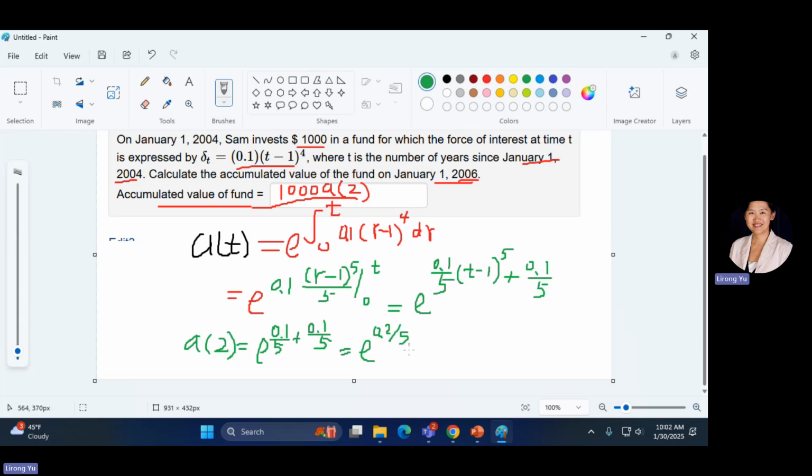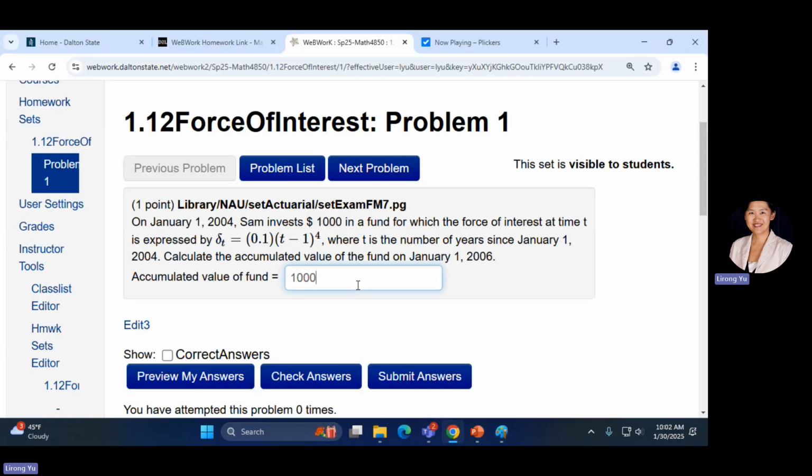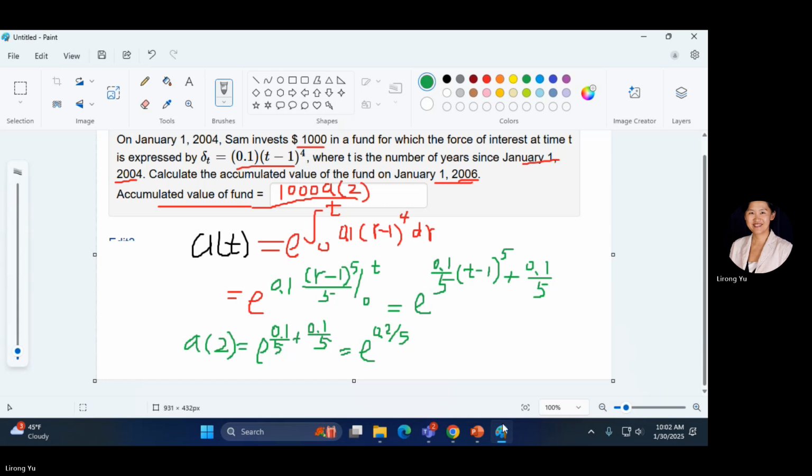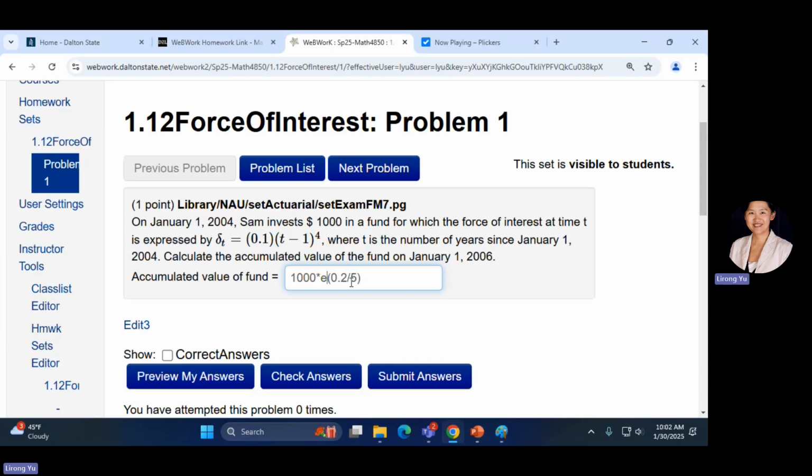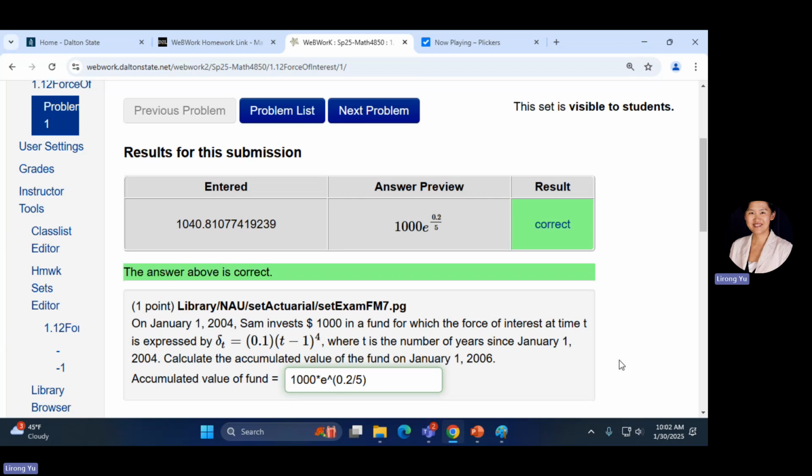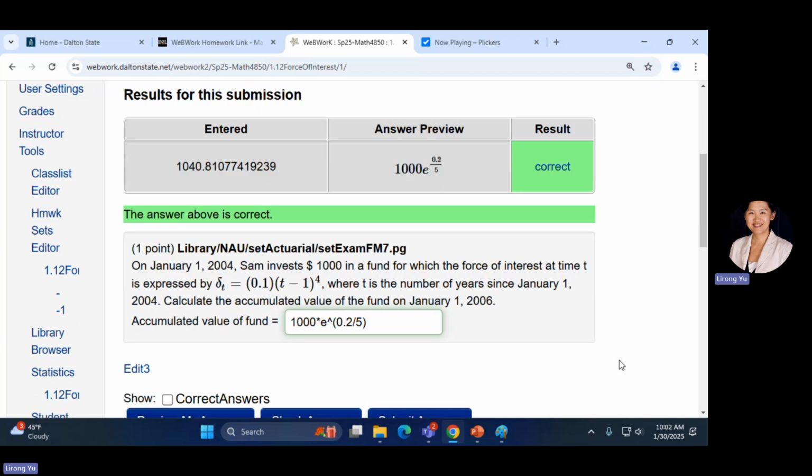You can plug this into the calculator to know the value. So this A2 value is multiplied by 1,000. So the final answer will be 1,000 times e to the power of 0.2 over 5. Okay, there's the explanation. So that's a little over 1,000, about 1,040. That's the value at time 2.